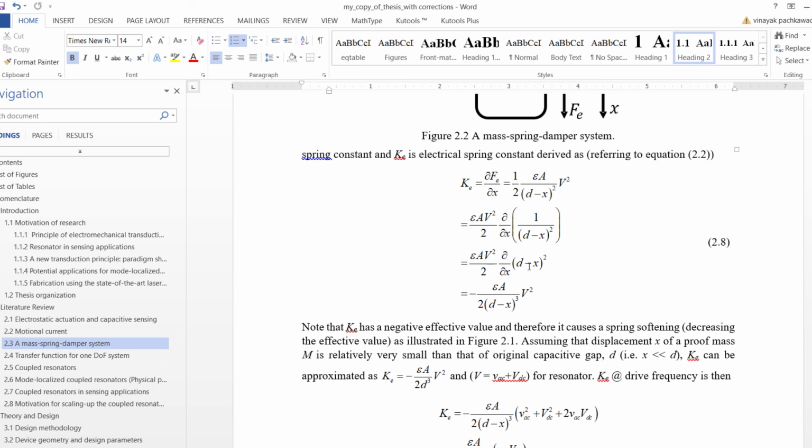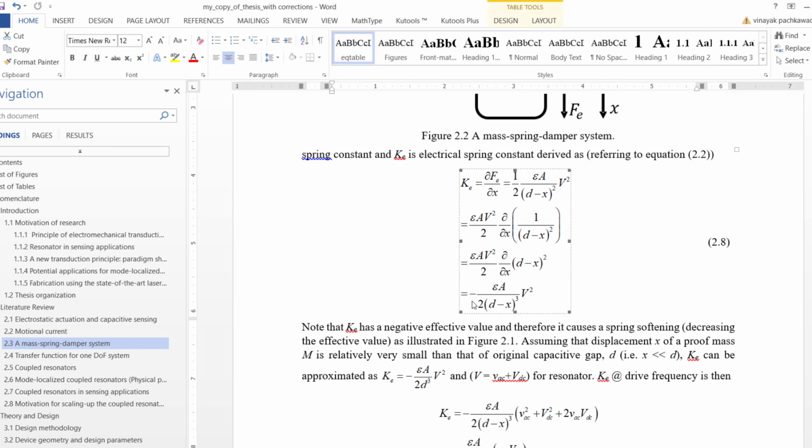We can get the final expression as minus Ke equals minus epsilon A over 2 in bracket (d minus x) whole cube V square. So we note here that this Ke has a negative effective value.